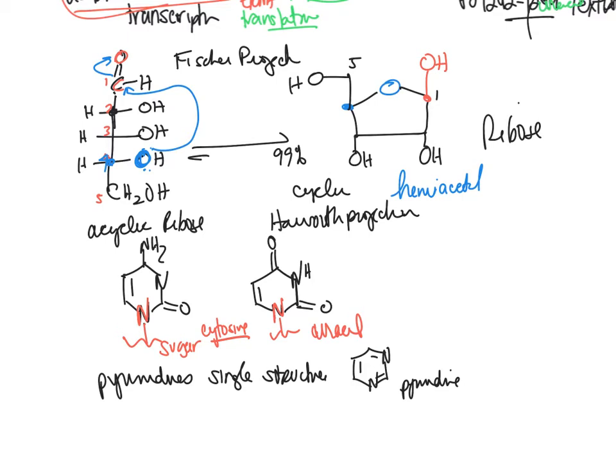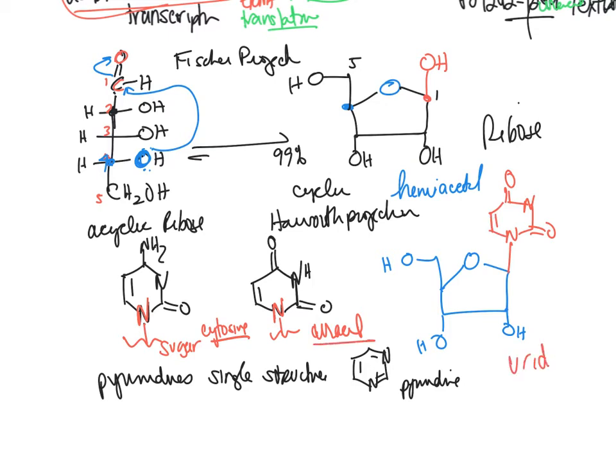Now, if it's attached to the sugar, so let's redraw this sugar of ribose, and let's put on the uracil. Okay, now this, instead of uracil, this is uridine.